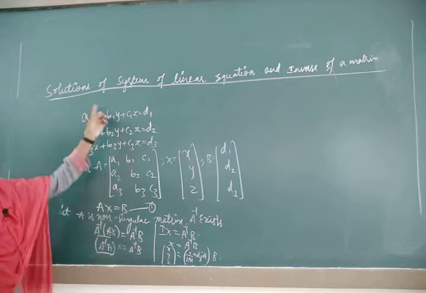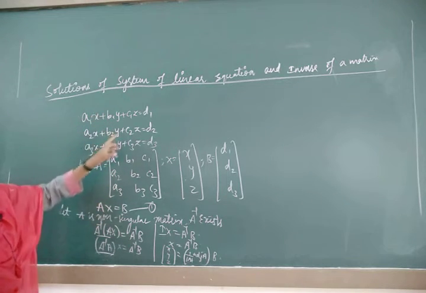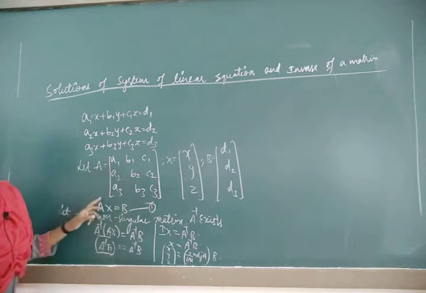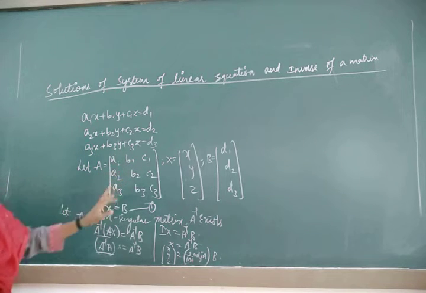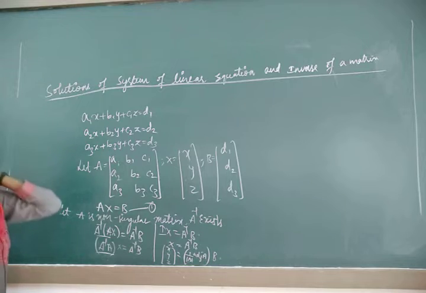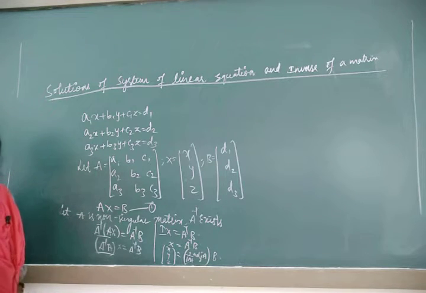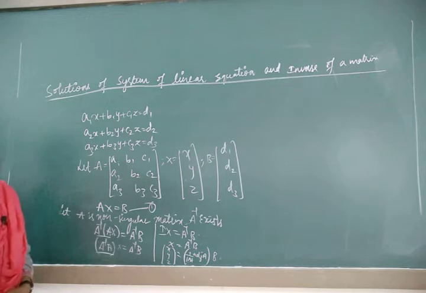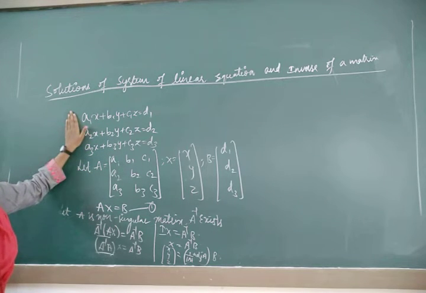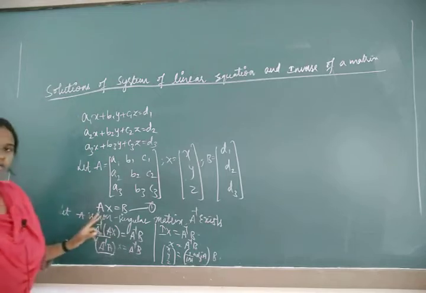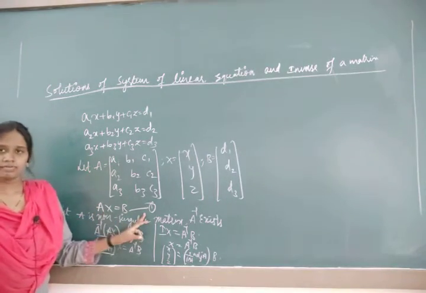Once again, consider the system of equations. This can also be written in the form of a matrix a1 b1 c1, a2 b2 c2, a3 b3 c3, and X is equal to x y z. You have to take it as a column itself, and B is equal to d1, d2, d3. This system of linear equations can be written as AX is equal to B. Call it equation 1.